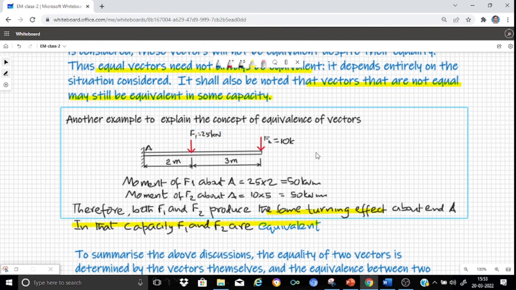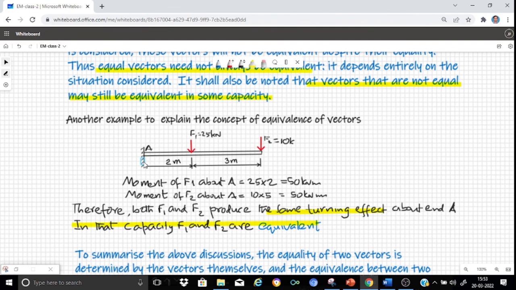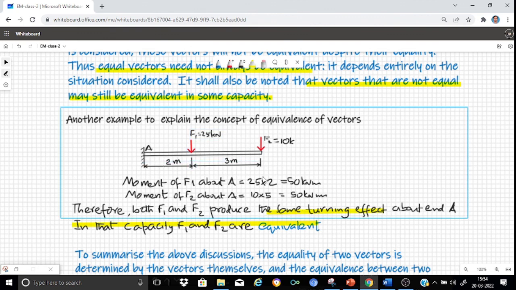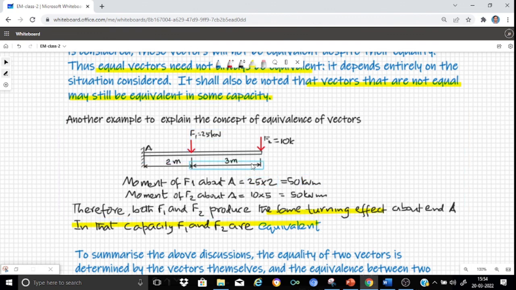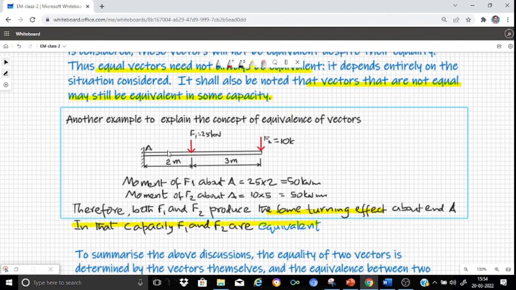Now let us start analyzing from the consideration of the turning effect each of these forces F1 and F2 produces, whether they are equivalent or not. So the effect that we are studying for the equivalence is the turning effect produced by the force. Obviously, the turning effect produced by F1 at the point A is nothing but the moment of F1 about A, which is 25 multiplied by 2, that is 50 kilonewton meter. Now, what will be the turning effect produced by F2 about the point A?